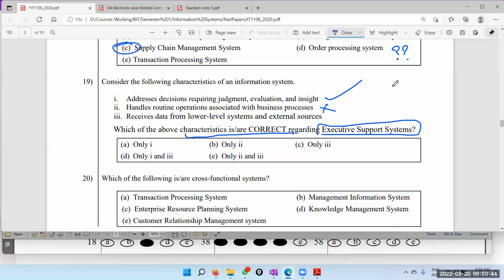Yes, because executive support system is the top system. So they are heavily working with external data like marketing trends, economic trends, etc. At the same time, they have to get the information from internal systems. So I'll go for 1 and 3. 1 and 3 D. Okay, 19 D.